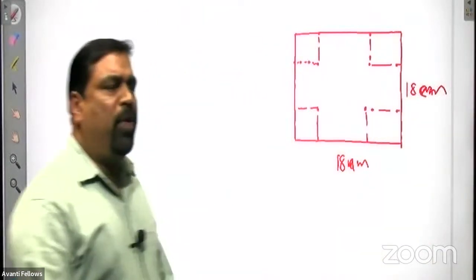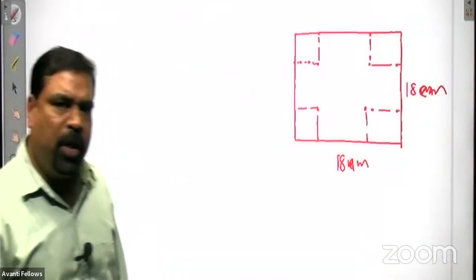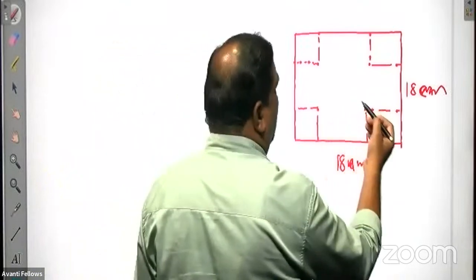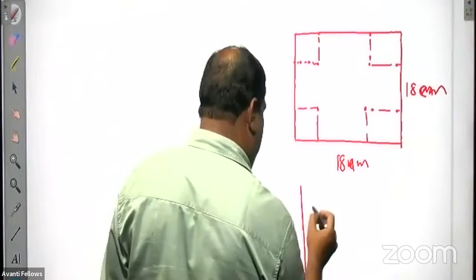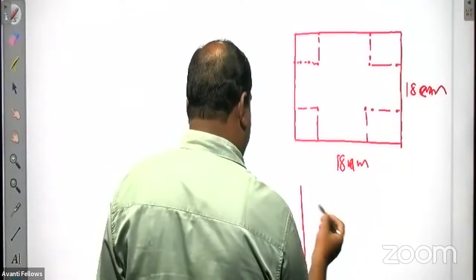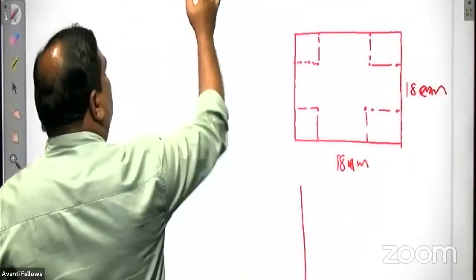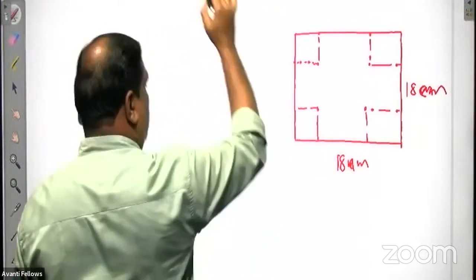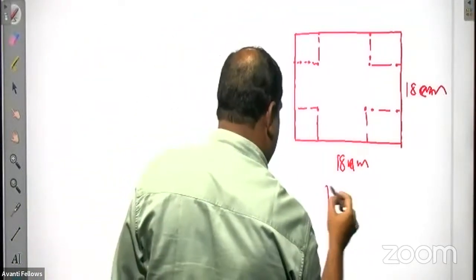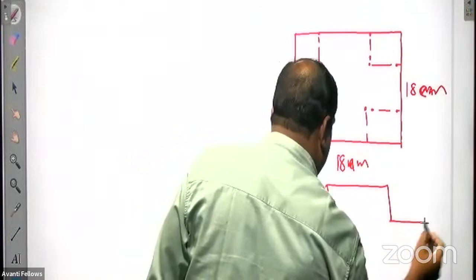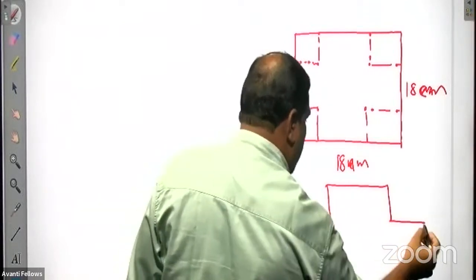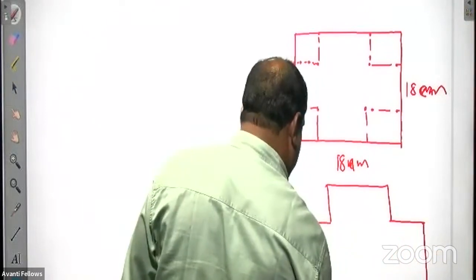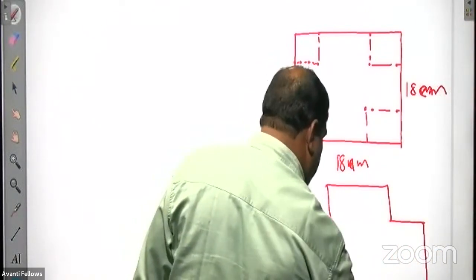So we have to remove a square piece from each corner. And the remaining portion, after removing the square piece from each corner, like this we will get some piece.